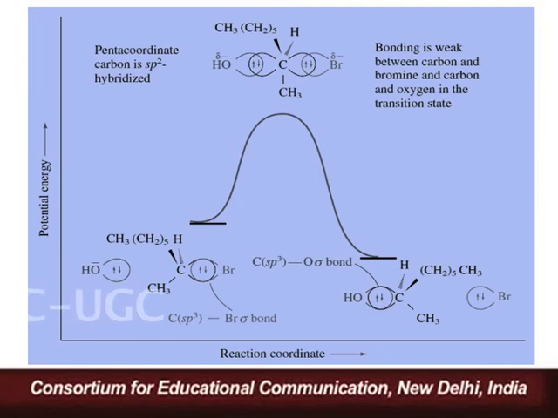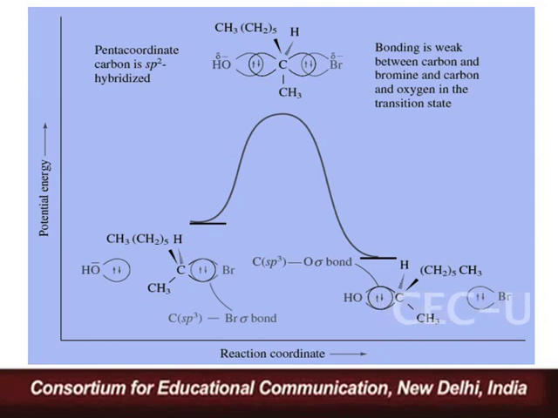So what we find here is that the carbon in the transition state is sp2 hybridized, fully bonded to 3 groups and partially bonded to 2 groups, that is the nucleophile, the hydroxyl group, and the leaving group, which is the bromine atom, which will leave as a bromide anion. Hence, in this case, the carbon is penta-coordinate and is sp2 hybridized.